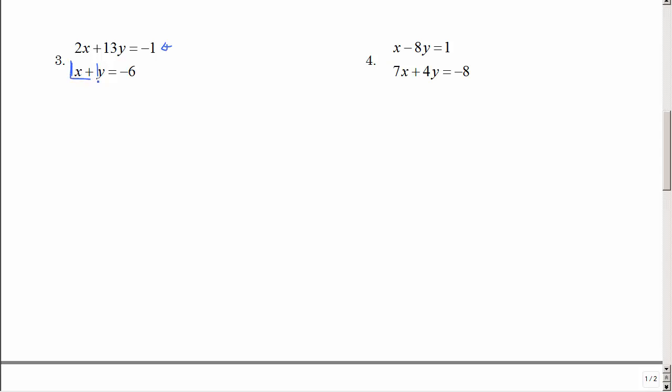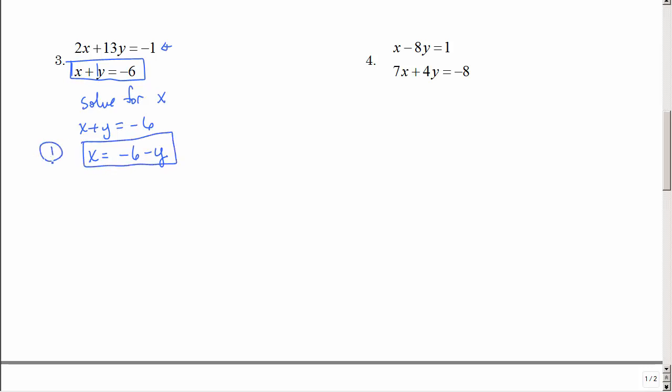So I'm going to choose this one, and I'm going to choose to solve for x. So if I have x plus y equals -6, I can move the y to the other side by subtracting it. So step 1 says to choose an equation and solve for a variable.